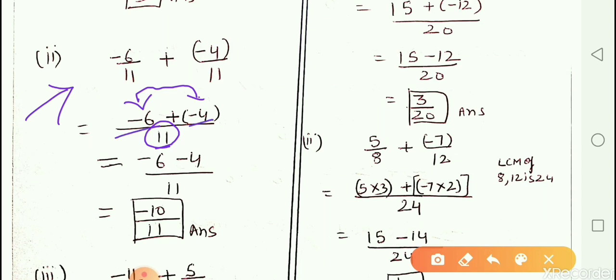So again recall what we have learned in integers, that if both the numbers are negative, we have to add them and put the negative sign. So we will add 6 and 4, that is 10. The answer will be 10 and we will write the negative sign along with that, and the answer will become negative 10 upon 11.